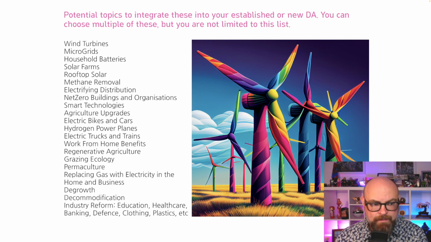You could be advocating for rooftop solar in your local environment, your local area, your local council. You could be looking at grazing ecology and how to remove greenhouse gases and methane. You could be looking at degrowth strategies. An enormous list there of ideas that you can plug into an existing DA or a new DA.